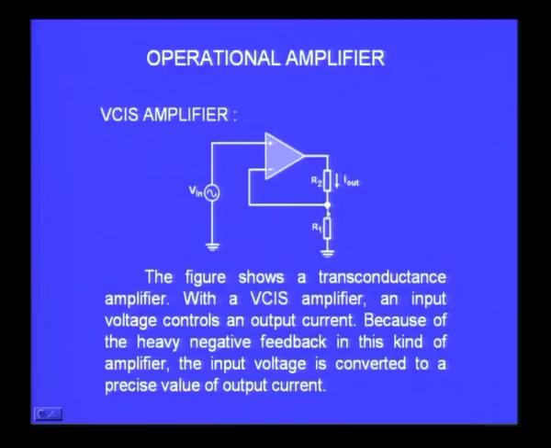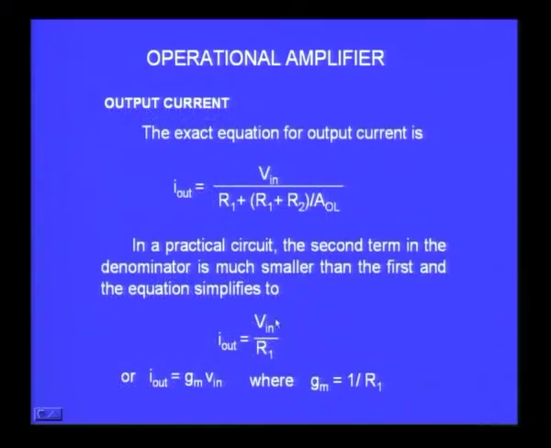So V in by R1 is the current, and that will have to be the same current which is flowing also from the output of the op amp, because there is no current flowing in this direction, all the current will have to flow through this, and therefore the relationship is I output is equal to V in divided by R1.